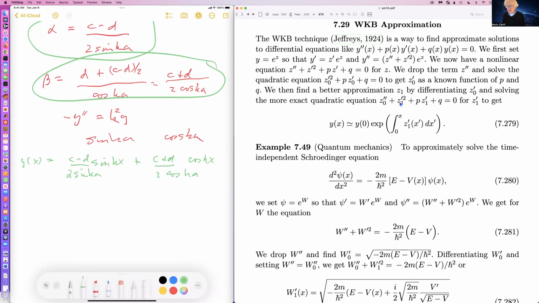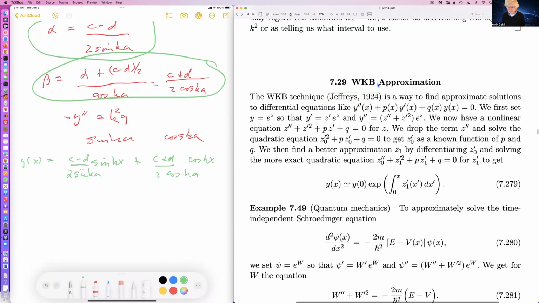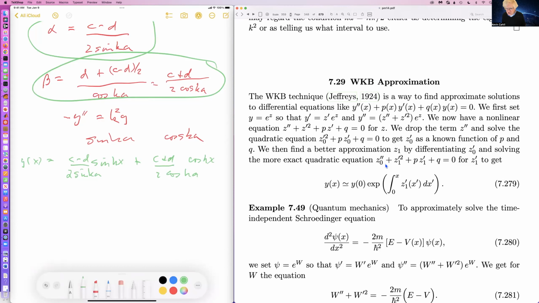The equation for Z1 prime is quadratic in Z1 prime, and it involves not only P and Q, but also our approximation for Z0 double prime in particular.